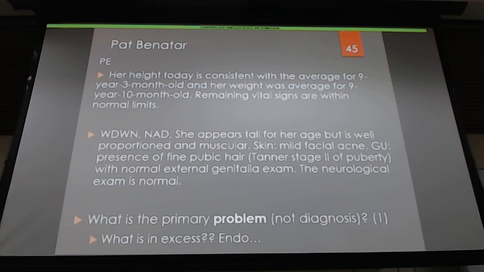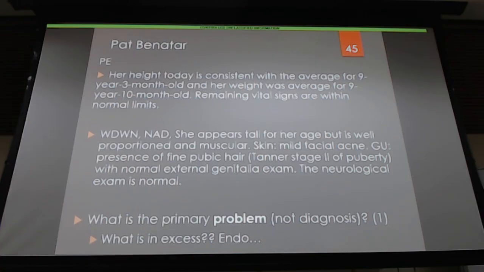So we do a physical exam, and again, she's tall, consistent with the average for a 9-year-old. Essentially, on the growth chart, she's about 2 years taller than she should be. But she's well-developed, well-nourished, no acute distress. Tall for her age, but well-proportioned and muscular.